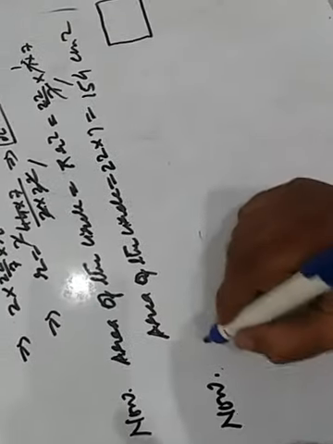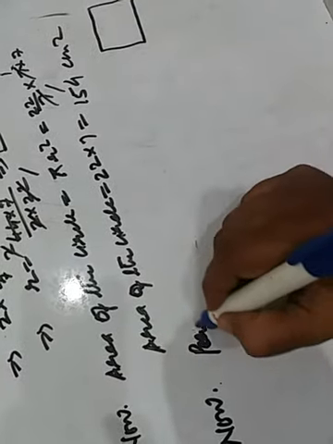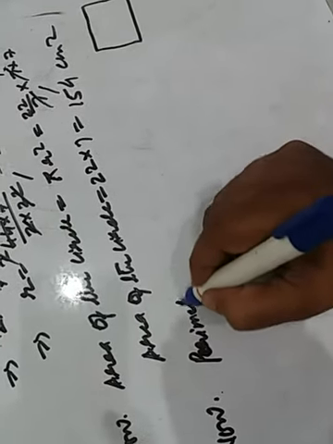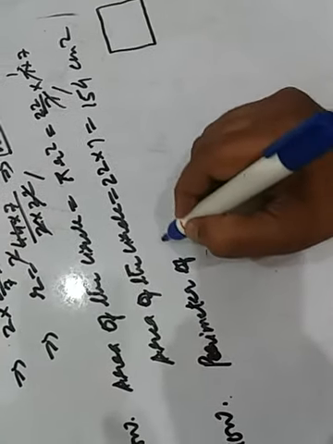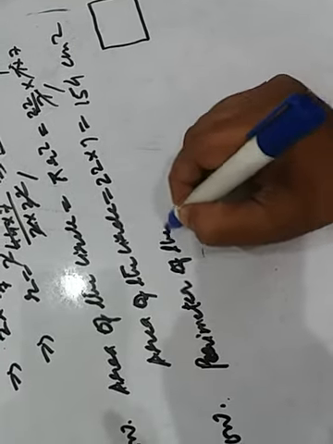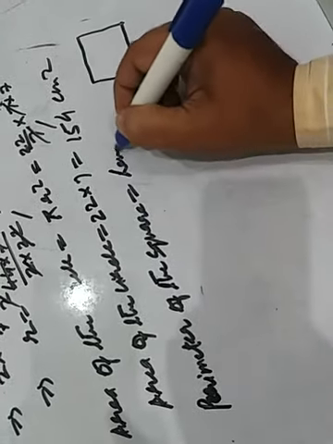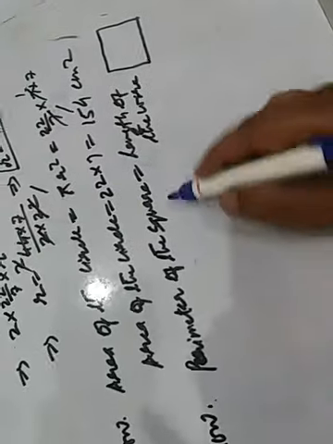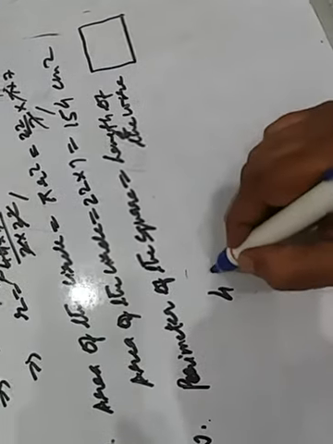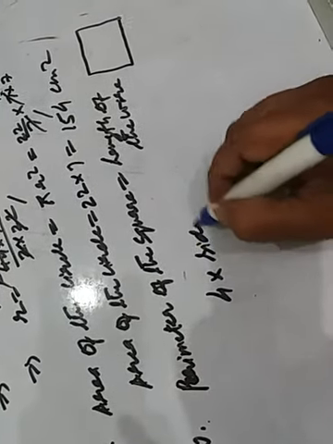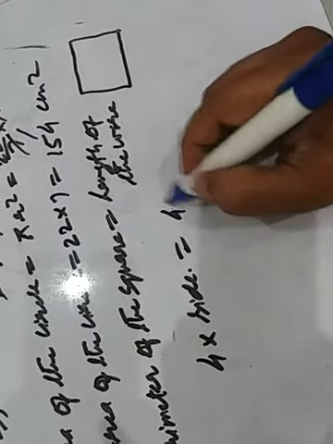Now perimeter of the square equal to length of the wire, and that is given to be 44. Perimeter of the square equal to 4 into side, equal to the length of the wire, 44 centimeter.